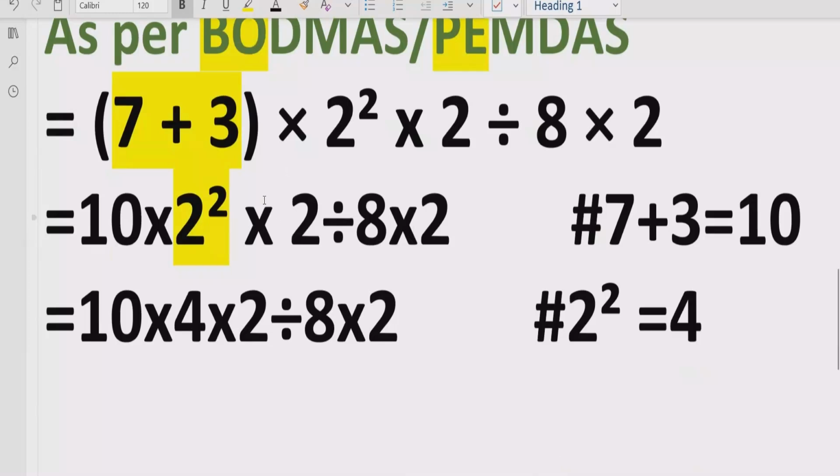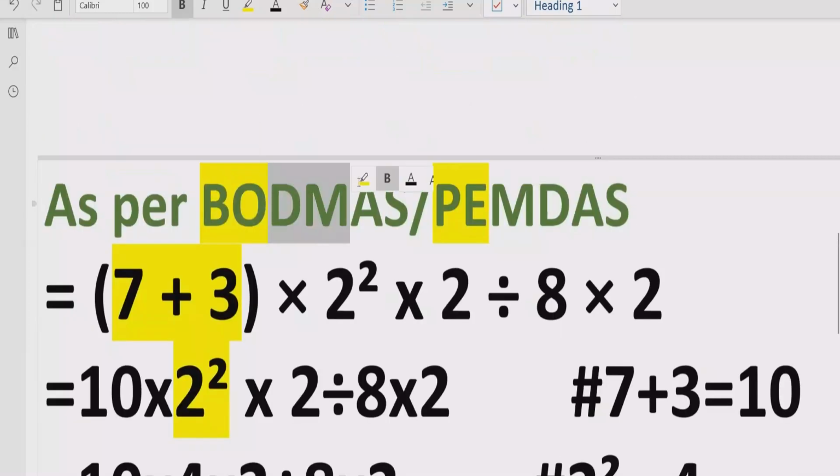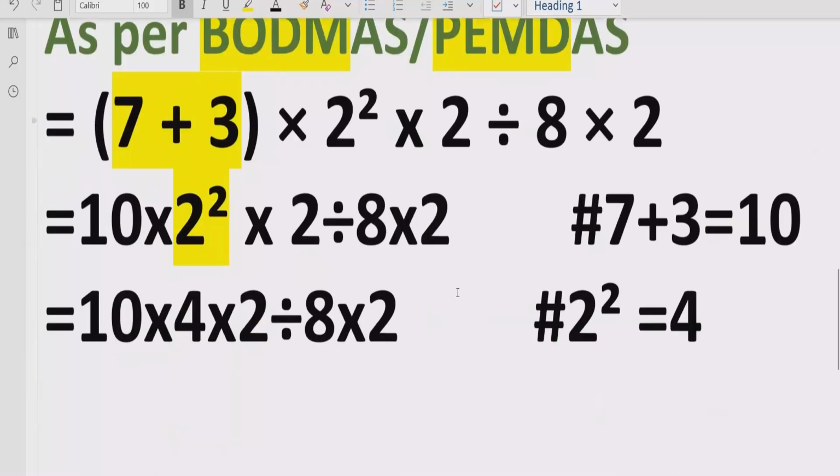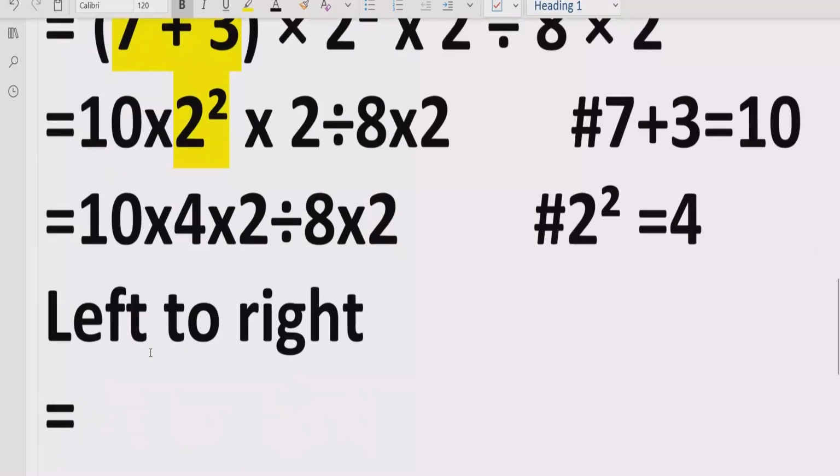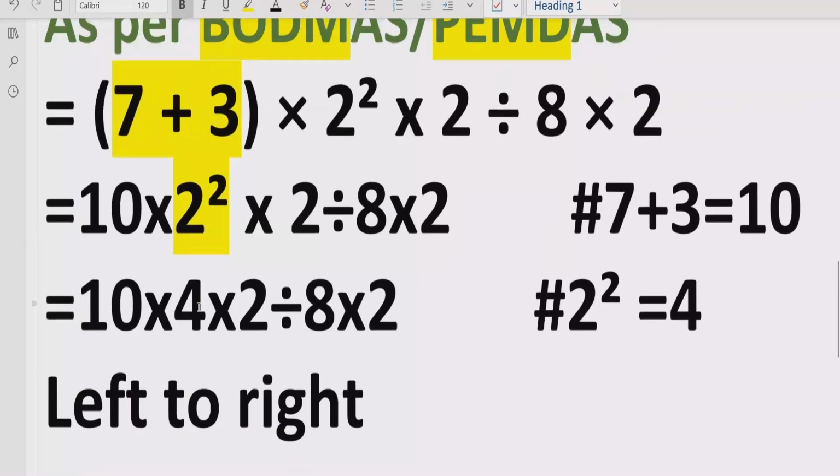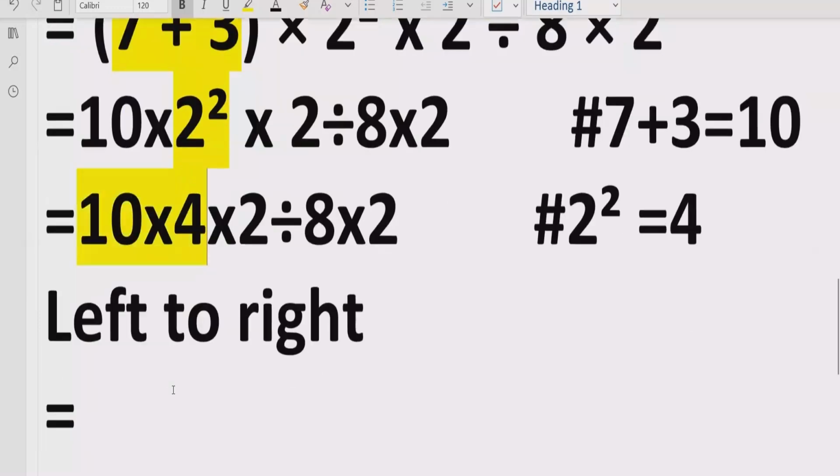Now we move forward to division and multiplication, or multiplication and division. The rule is the same whether you are using PEMDAS or BODMAS. You have to go left to right in this expression and find which comes first. So now we have 10 multiplied by 4.